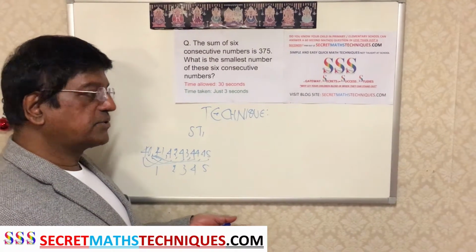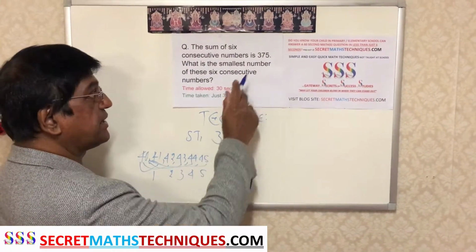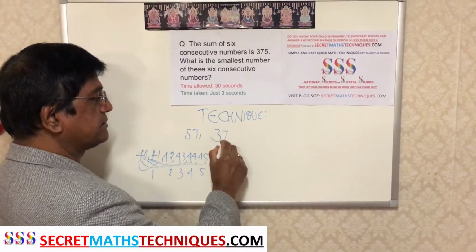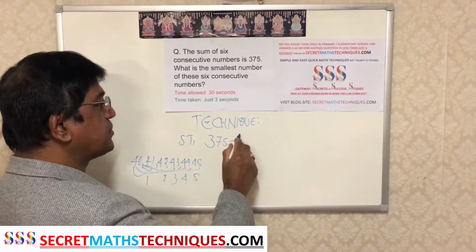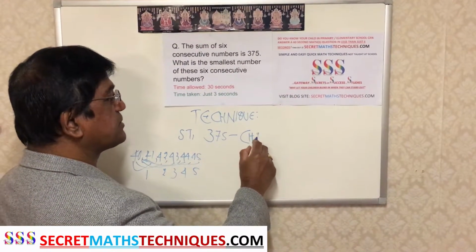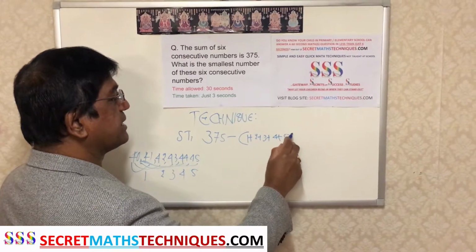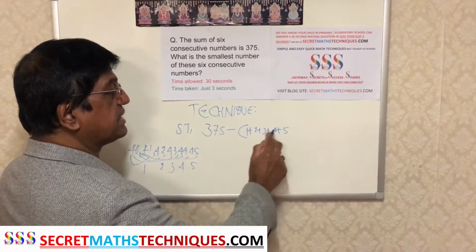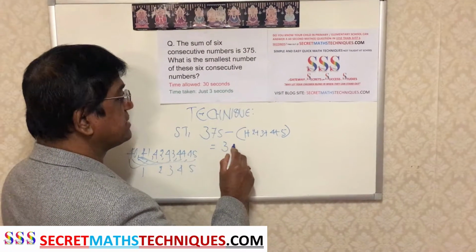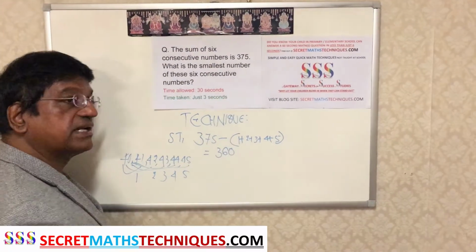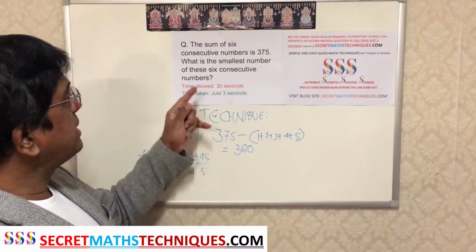So the first thing I'm going to do is take that 375 and subtract from there the total of all the differences, which is 1 plus 2 plus 3 plus 4 plus 5, and you can see that itself is 15. So the answer is 360, 375 less 15. Done. Now, what are they asking you?